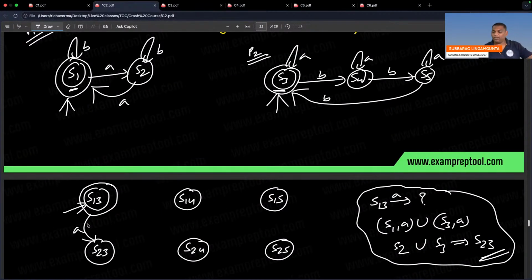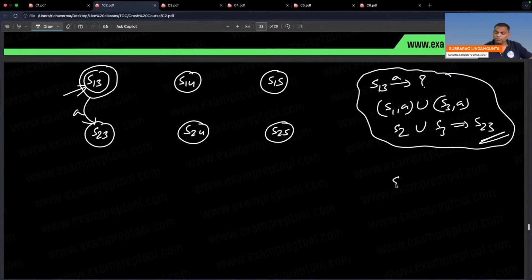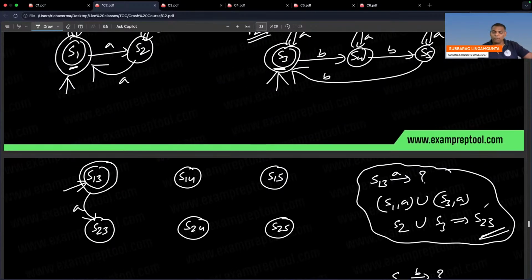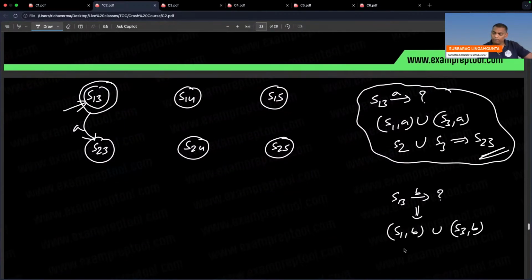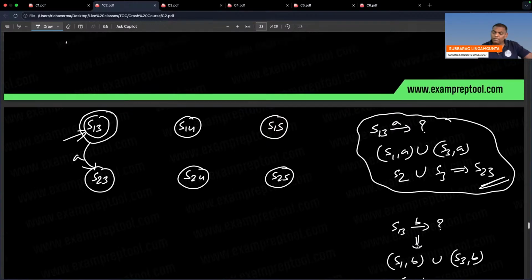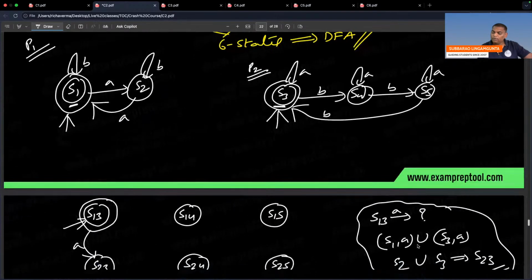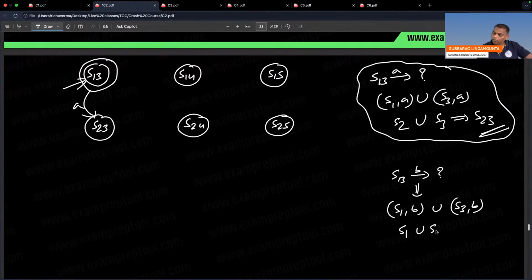In a similar way, S13 on B, what? Same story. Verify S1 on B, union S3 on B. S1 on B is S1. S3 on B is S4. Totally S14.